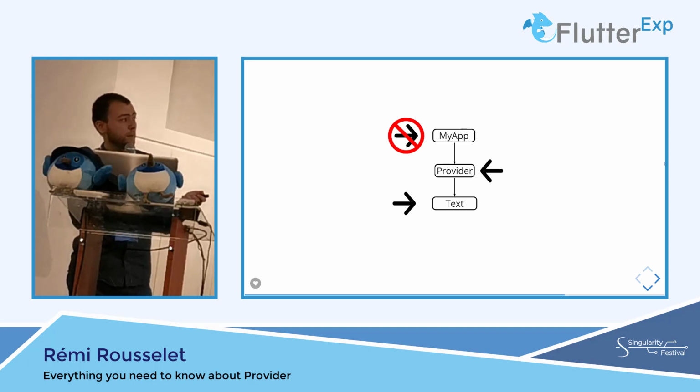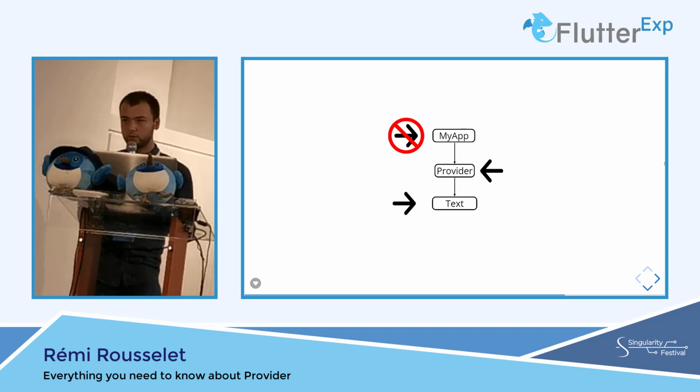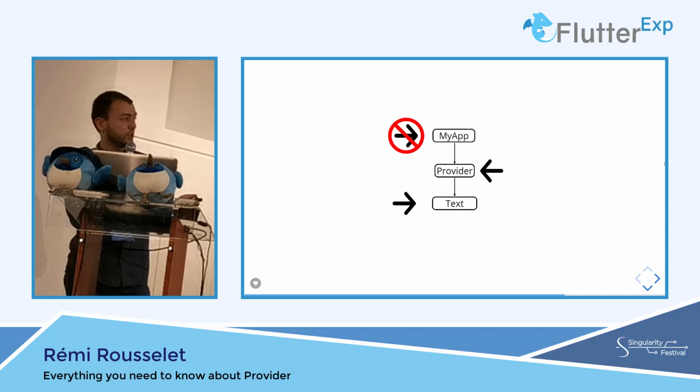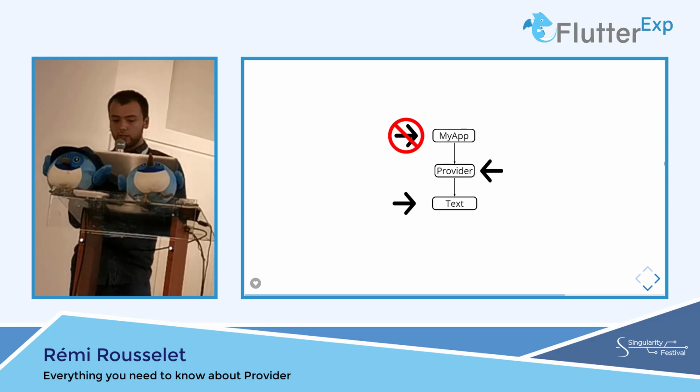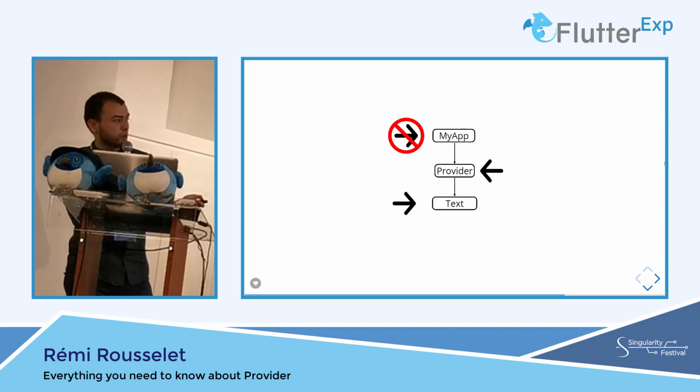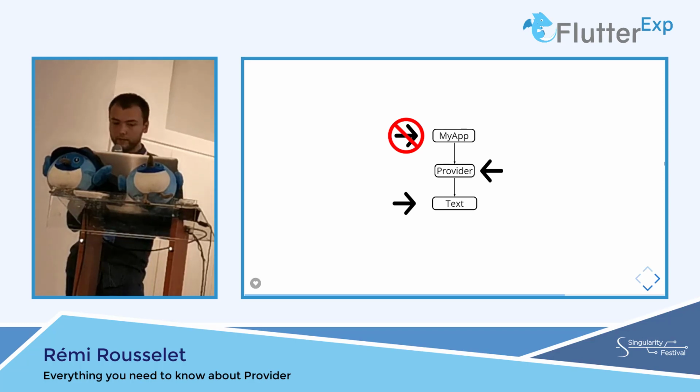The thing is, my app is an ancestor of provider, and like we said earlier, widgets use unidirectional data flow, which means that my app is unable to obtain provider, and you will get an exception because it will not be able to find the provider. So what we want is to find a way to use the context of text or any descendants of provider to be able to look higher in the tree and obtain the provider.